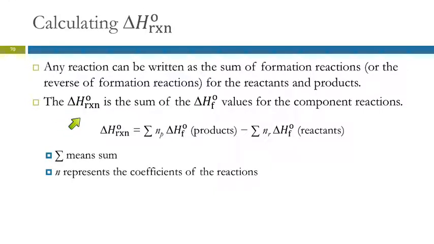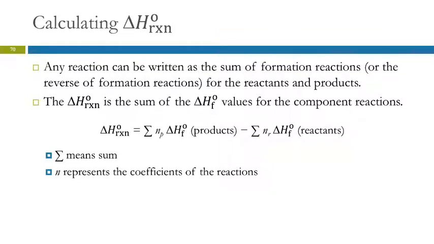Standard heat of reaction, we're taking the heats of formation for all the products, because those are being made from the elements, and we're taking the heats of formation for the reactants, but we were taking those apart into their elements, and so we're subtracting those.